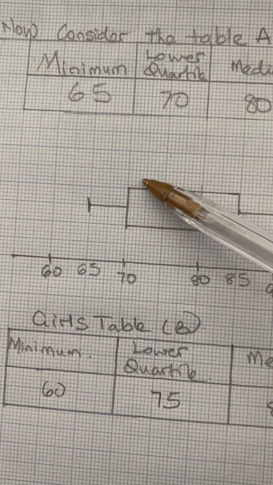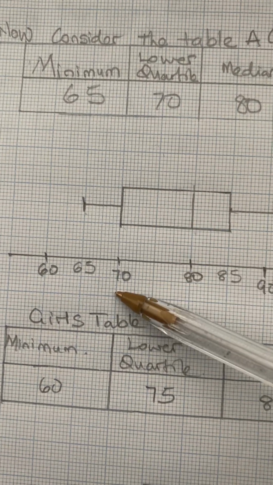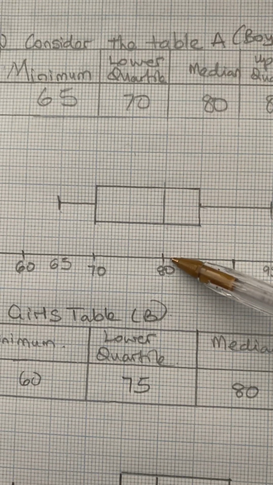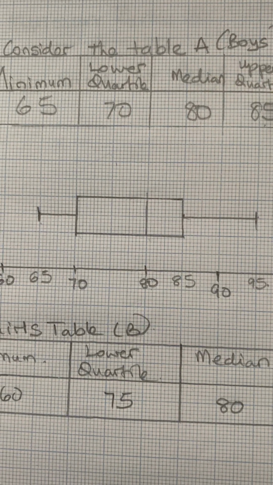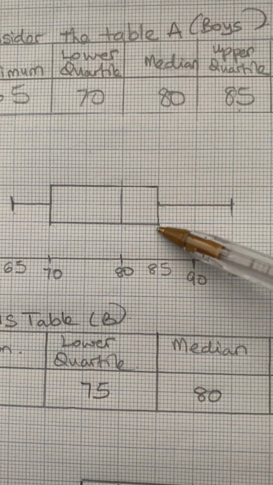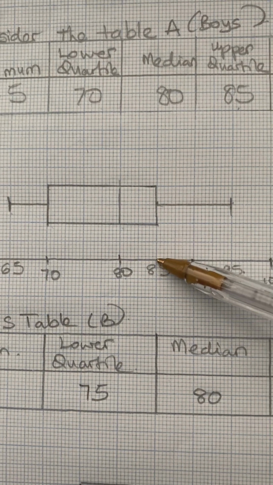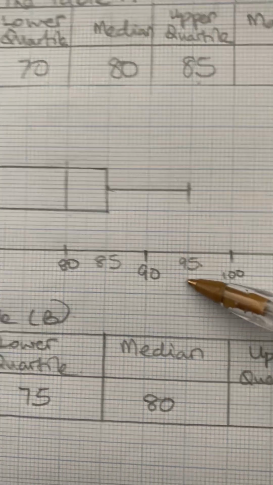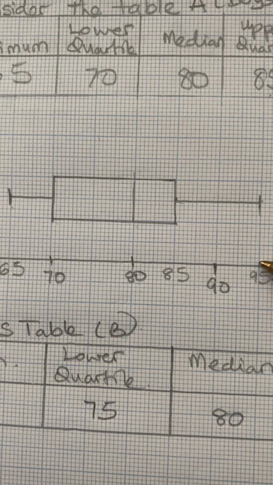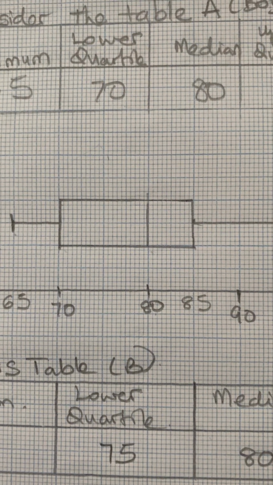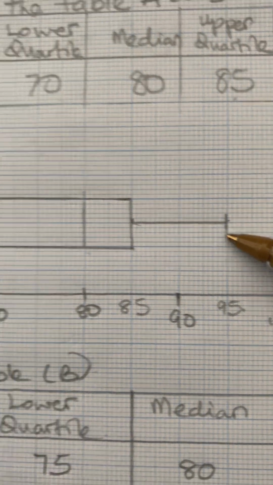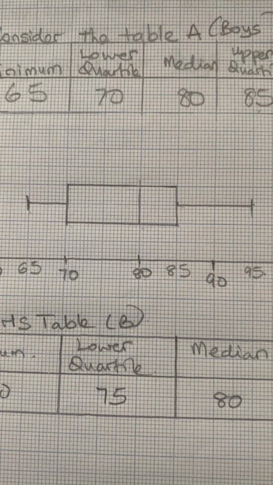My lower quartile is 70. Okay, my median is 80. My upper quartile is 85. Okay, and the maximum mark is 95 here. Okay, so I've answered the question.